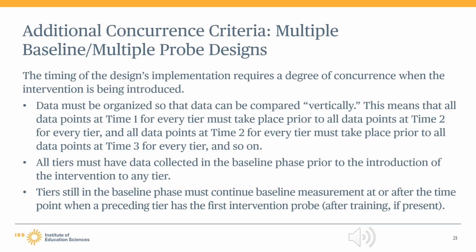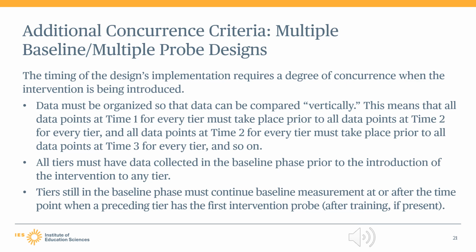First, all the data must be organized so it can be compared vertically. This means that all data at time 1 for any tier must occur prior to all data points at time 2 for every tier, and all the data points at time 2 must take place prior to all the data points in time 3 for every tier, and so on.